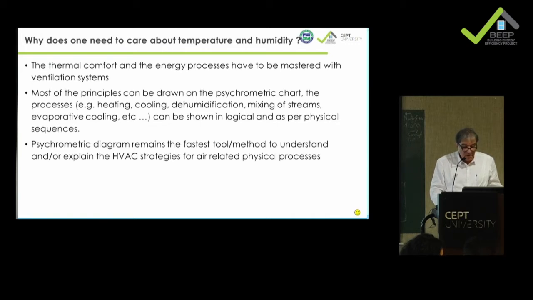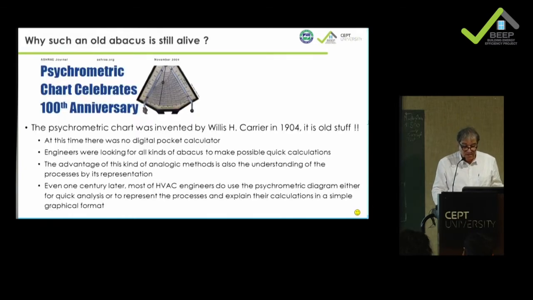You can get explained or explain the HVAC strategies or even natural ventilation or different things with that. So this looks like an old story, and maybe you have not lived through a time when there was no pocket calculator. There was only the log table and the slide rule.